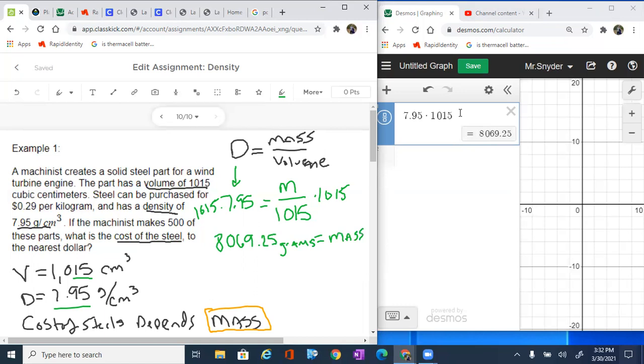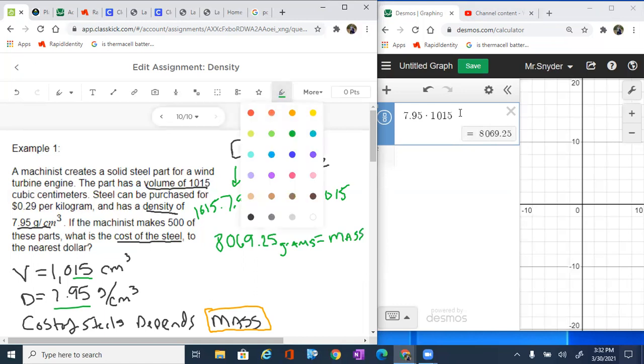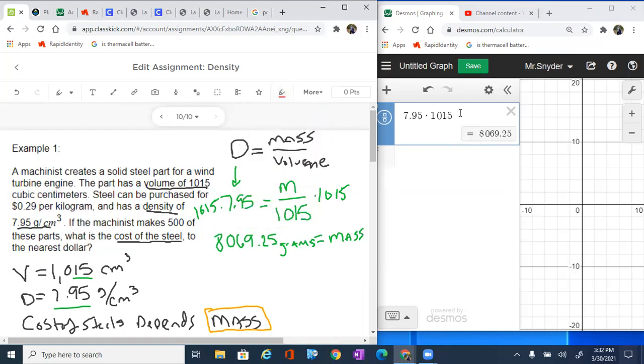Well, the one thing that it tells us, if we really pay attention, is it says it is 29 cents per kilogram. So what I want to do is convert 8,069.25 grams to kilograms. So let's check that out.